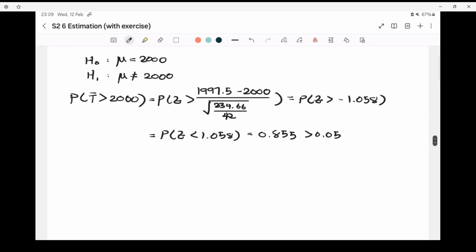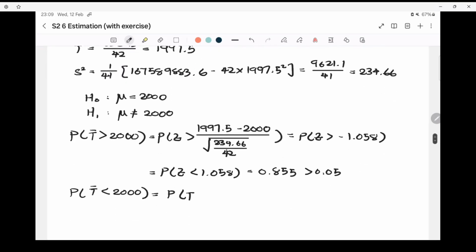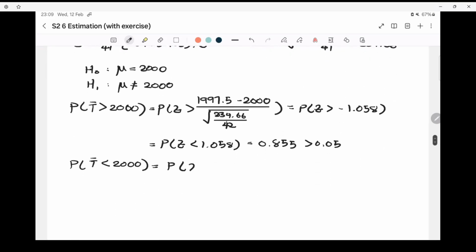Now let's test the left side. The left side will be T bar smaller than 2000. All the values that you need are the same, so I don't repeat the second equality. I can just write Z smaller than minus 1.058.